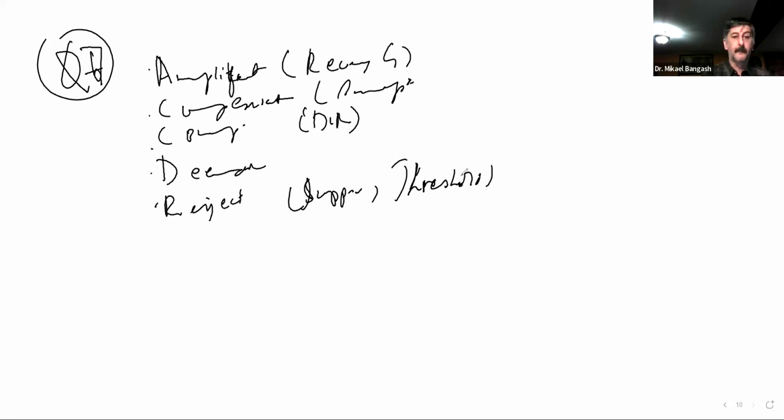So again, the order is receiver gain first, swept gain next, dynamic range next, demodulation next, and suppression or threshold next, or even rejection. So the words here can be switched around.